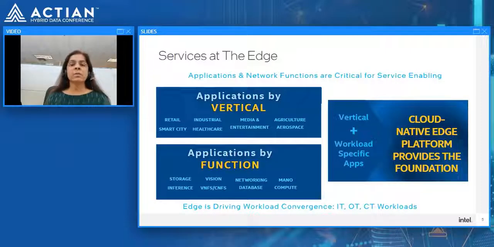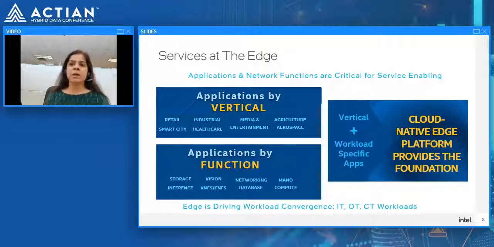But not to forget the horizontal functions, where you will definitely need basic storage, networking, and compute applications, databases like Actian, the virtual network functions and container network functions which implement 4G and 5G functionality, AI, machine learning, and inferencing apps, and management and orchestration apps. So edge is driving workload convergence of information technology, operational technology, and communication technology workloads.